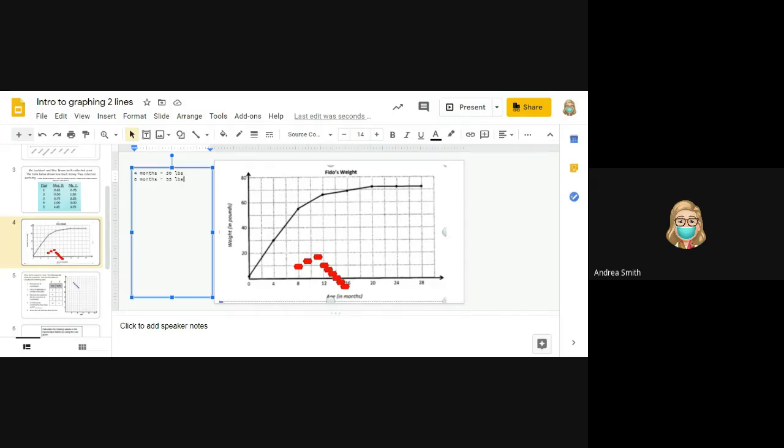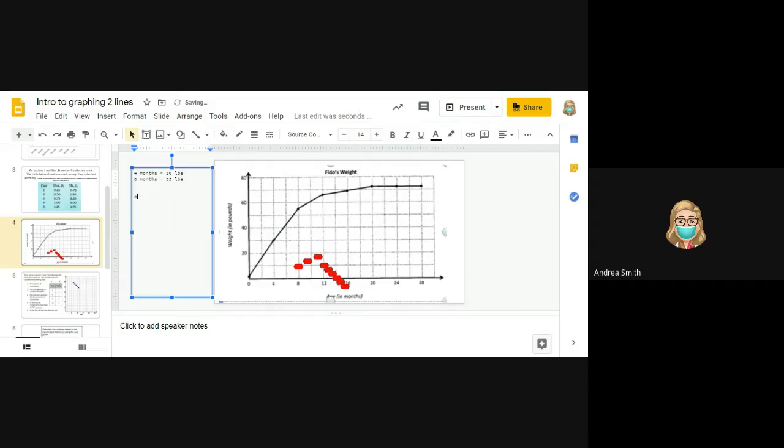Now, the thing that we're adding this week, like Mrs. Smith said, is having one more line. And that's all we're going to introduce today, is working with 2 lines. So what does that mean? Well, we have Fido. What if Fido has a brother or sister, another little puppy?